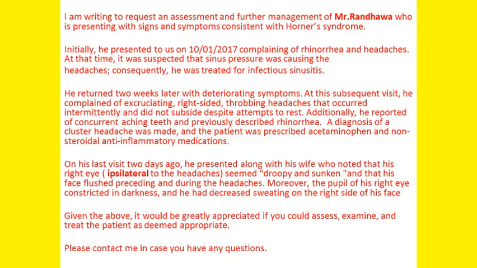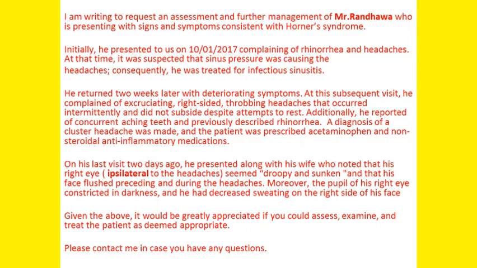Now, the first paragraph that you put in should talk about the purpose of the letter. That means the reader should read that paragraph and understand why we are writing this letter. We know that we are writing this letter for further evaluation and management, and we also know that he may be suffering from Horner syndrome.